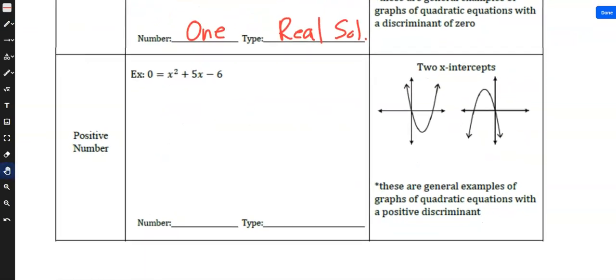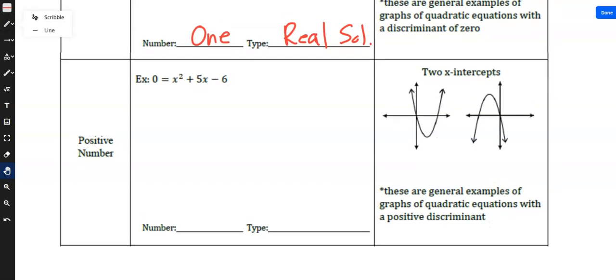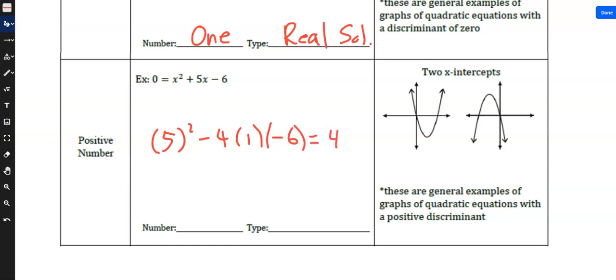Well, the last situation is the one you would expect. For instance, when you do b squared minus 4 times the a value times the c value, and you get 49, then you've got two real solutions, two places where it crosses the x-axis.